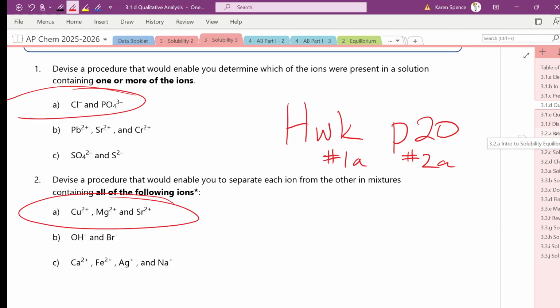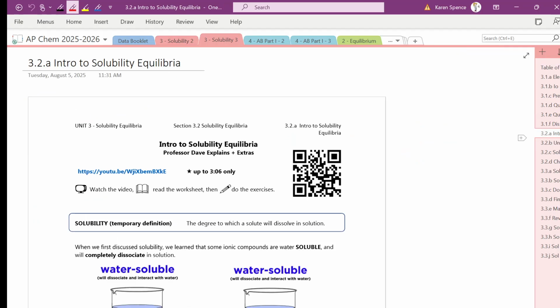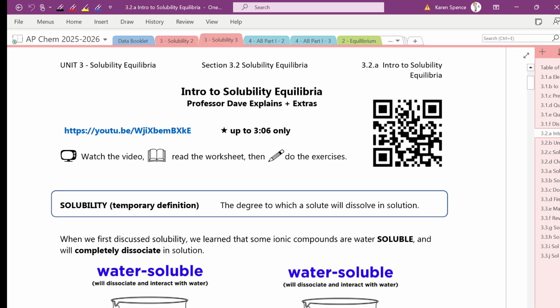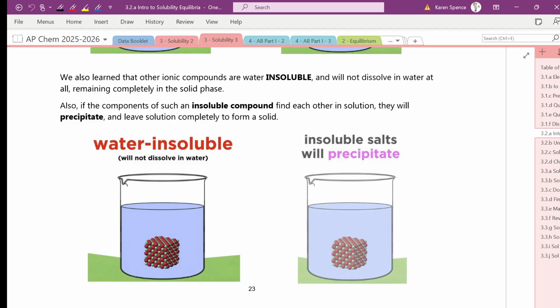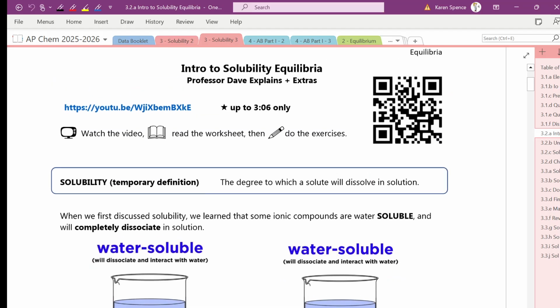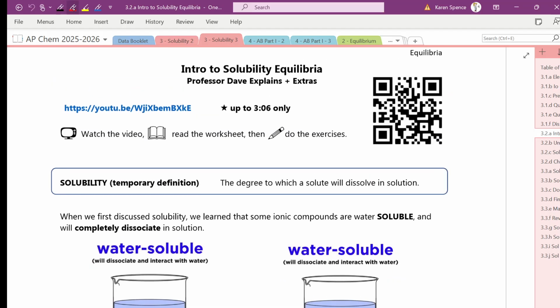So we are now going to move on to section 3.2 on page 23. If you were doing this on your own, I would have you watch Professor Dave, but since we are here together, we might as well just do it together.